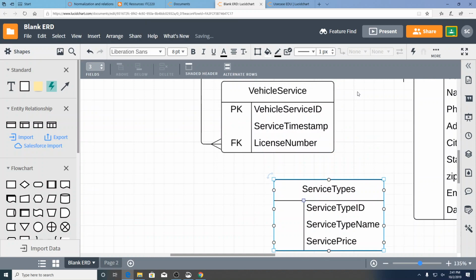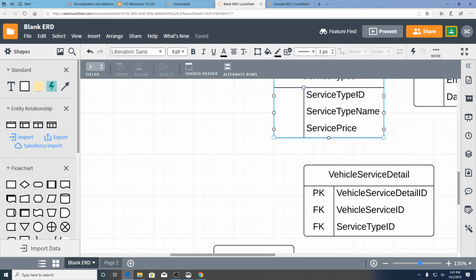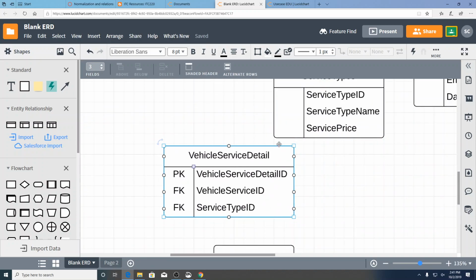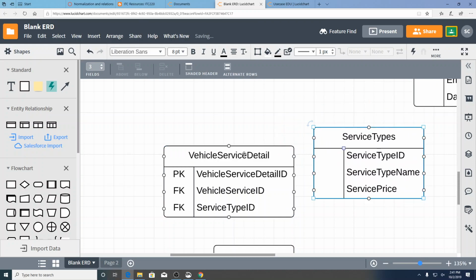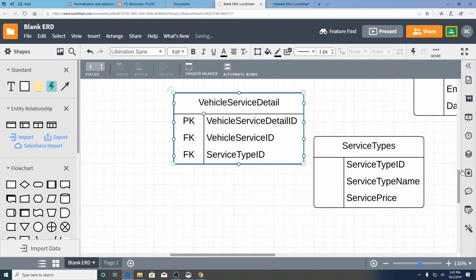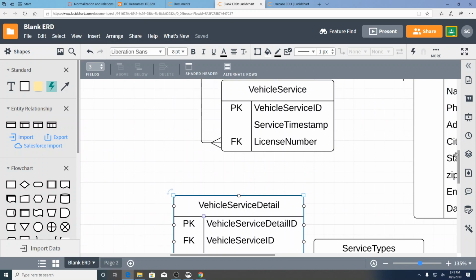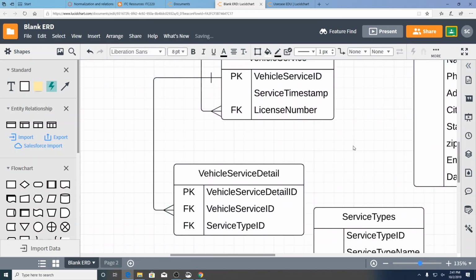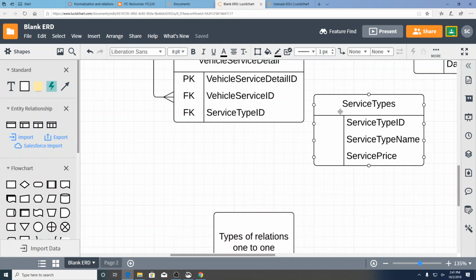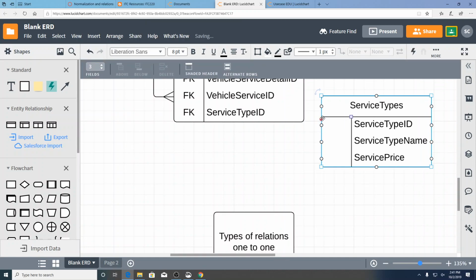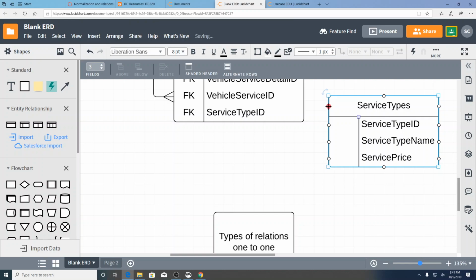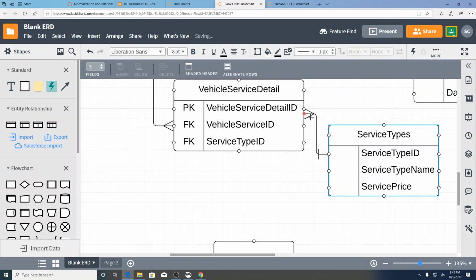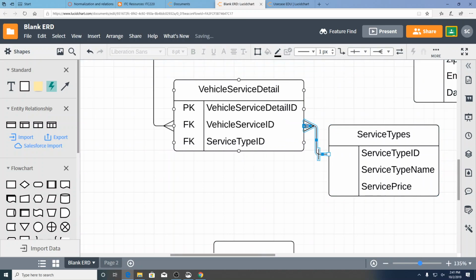Now, the service types and the service detail. I'm trying to move it so that when I show the whole thing, it'll make sense. The vehicle service ID here ties it to the detail. And then the service type would tie to the detail because it's telling you what kind of service.